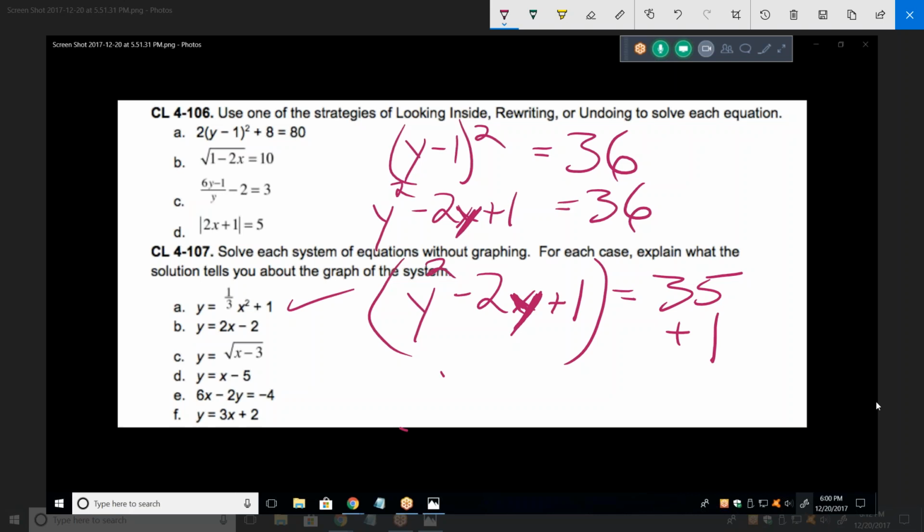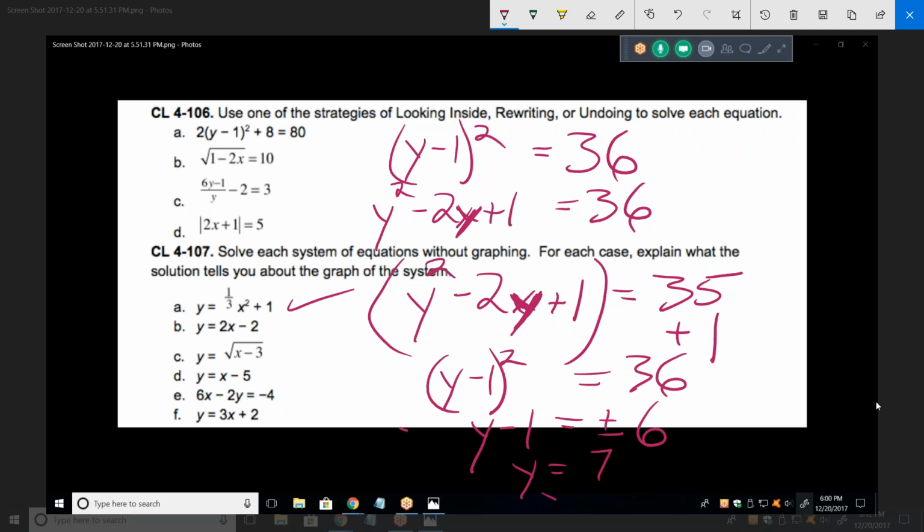And then I can rewrite that as y minus 1 quantity squared equals 36. Then I can take the square root of both sides. y minus 1 equals plus or minus 6. And then I can figure out that y equals 7 or y equals minus 5.